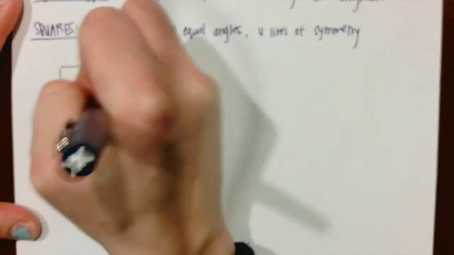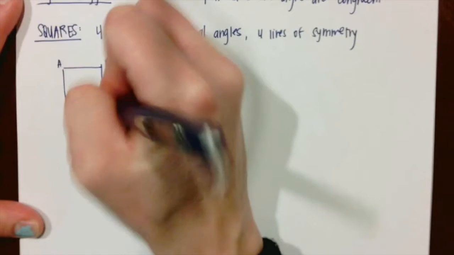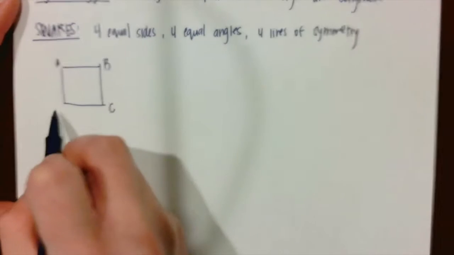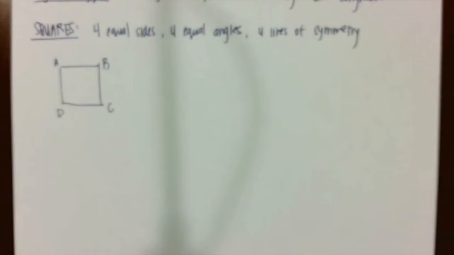So let's draw our square. Points A, B, C, and D. And then we can draw 4 different lines of symmetry in here.